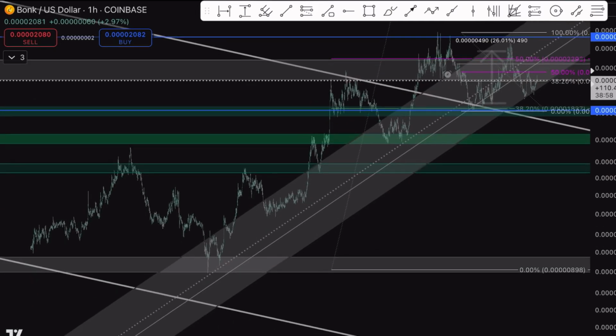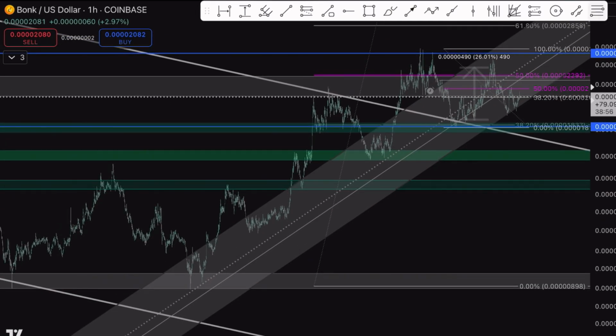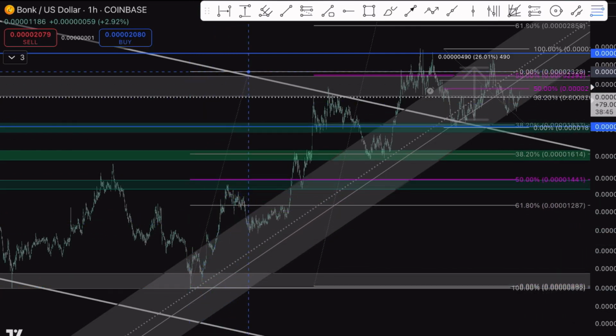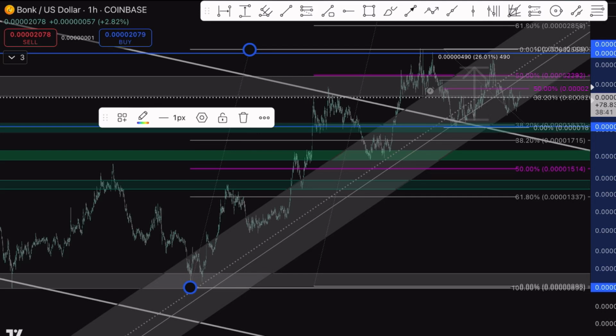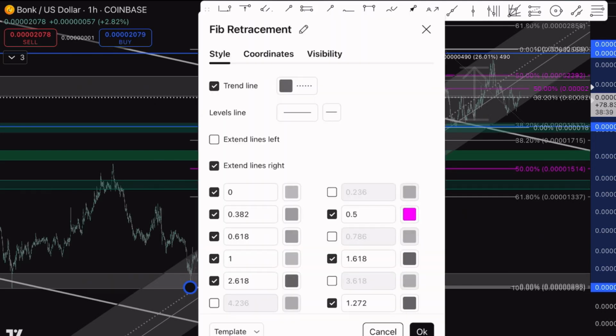Let me see. The best way I can look at that is to look at where it started, when it started going up, and just do a quick little fib and take the extension off.